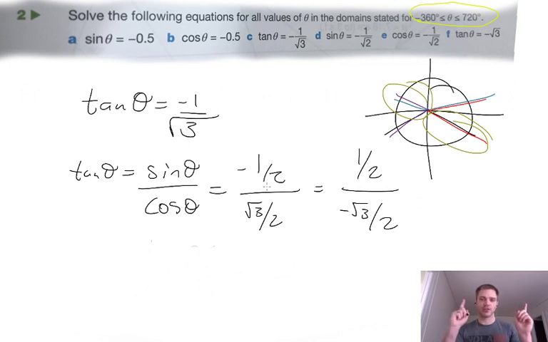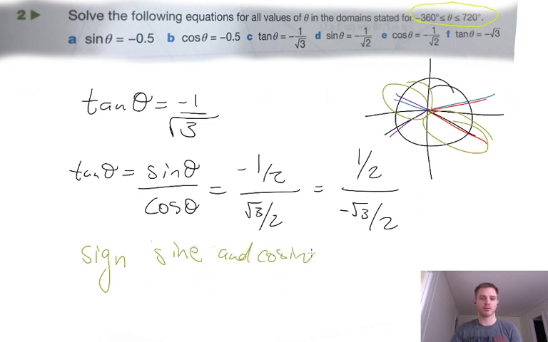Let's do a sanity check. What quadrant has a negative tangent? Okay, quadrant 2 and quadrant 4. The sign, and when I say sign, I mean the sign of sine and cosine, has to be opposite of each other.